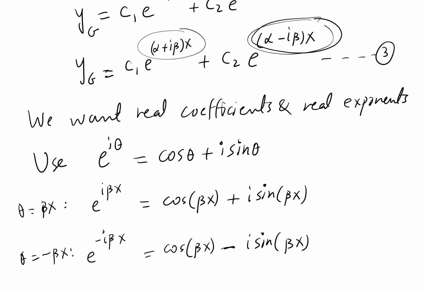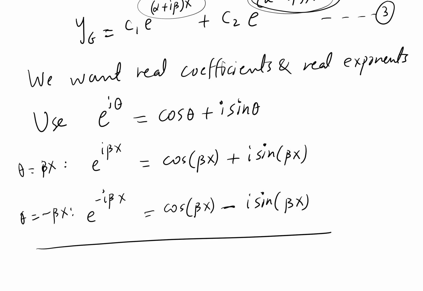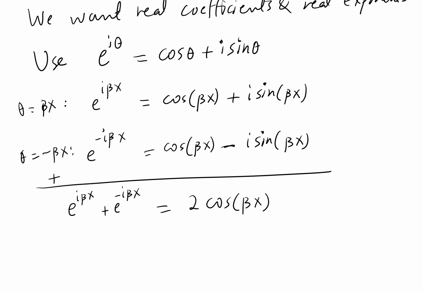With these two substitutions, that gave me two equations, which I'm going to add first. That gives me e to the i beta x plus e to the negative i beta x equals, the imaginary parts are gone, 2 cosine beta x.